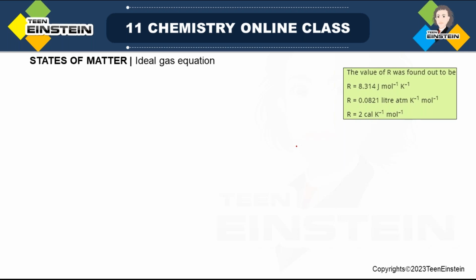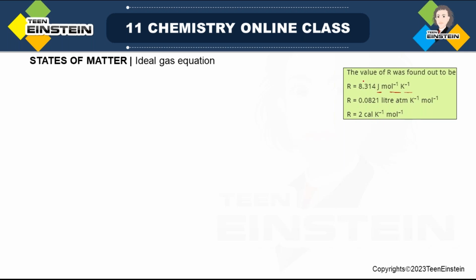Now this universal gas constant, we will see its values in different units. Here you have to remember these values. If it is given in the question, it is fine, but if it is not given, you will need these values. In SI units, it is per mole per Kelvin, you will always get that.